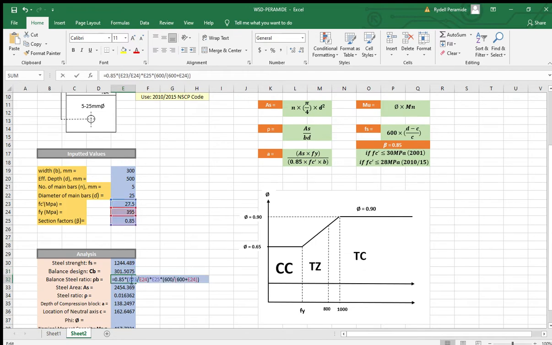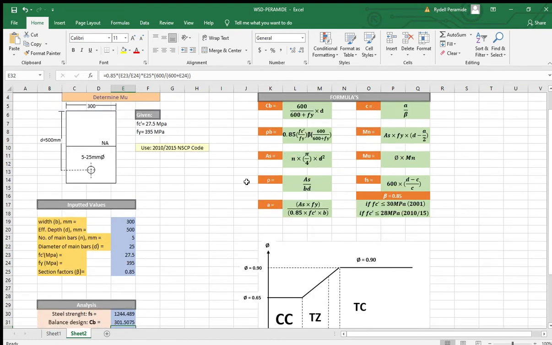So 0.85 times 27.5 divided by 395, times the section factor, or the beta, the 0.85, times 600 divided by 600 plus the fy, or the 395, and we will get the answer of 0.03032. And the next is the steel area.